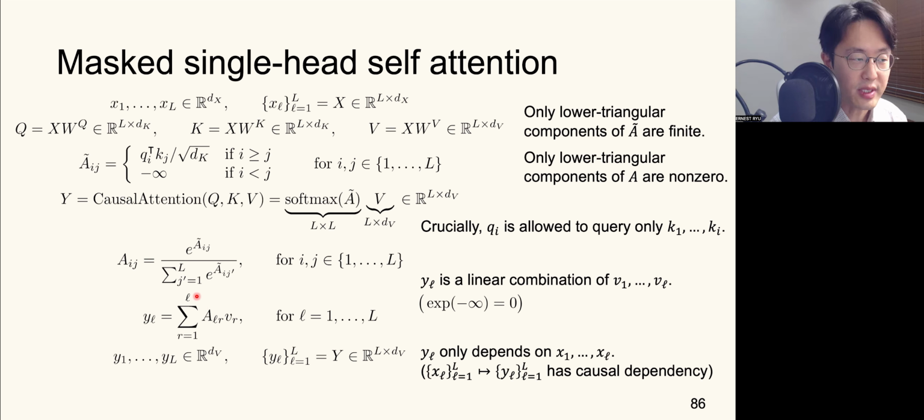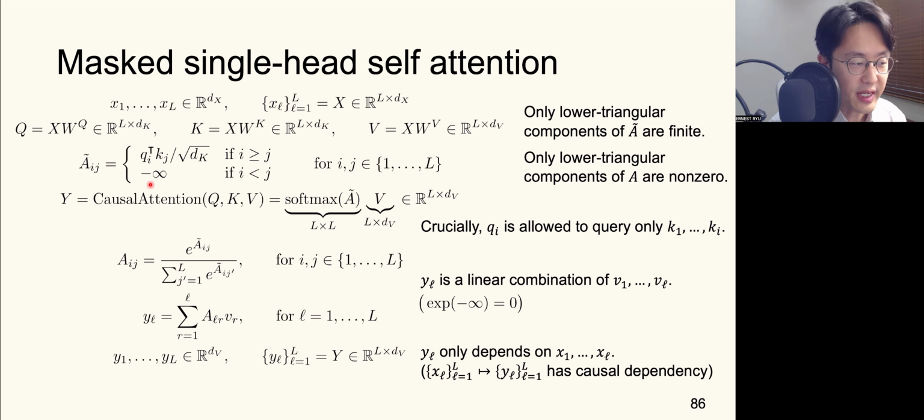In the previous unmasked single-head self-attention, the upper summation index ended at big L. But if we were to write big L over here, the difference would be that A_lr would be equal to 0 when the value r is strictly larger than this row index l. So it actually makes no difference whether we write little l or big L in the summation, but I think it's better to write the upper summation index as little l so as to emphasize the causal dependence structure.